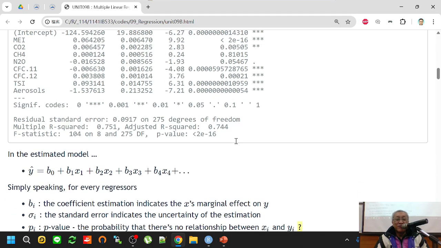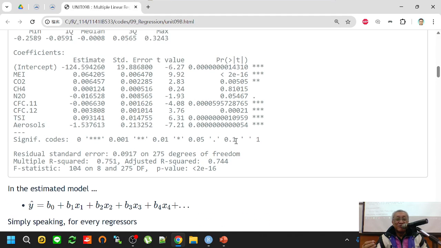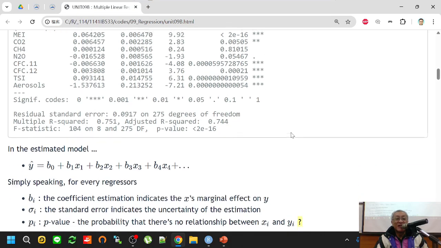Again, if the p-value is very low, it means that we have a high confidence that there is a relationship between X and Y. And if the p-value is high, for example this one, we will say that its relationship with Y is not significant. We don't have the confidence that they have a relationship.